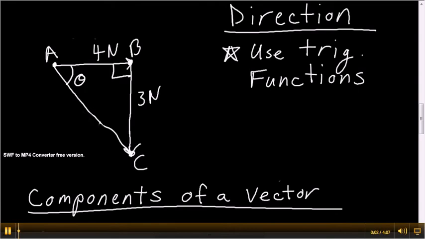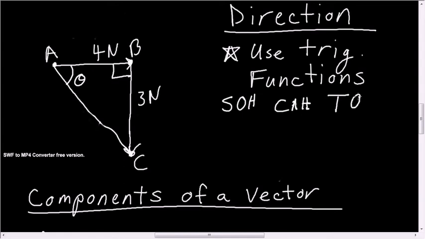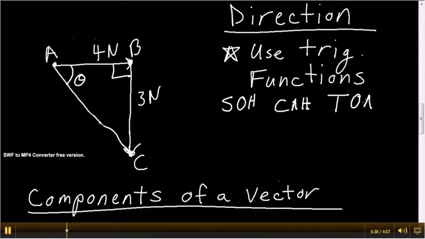Alright, so we can find the direction of our vector by using trig functions. If you don't remember from your geometry class, the trigonometry functions are sine, cosine, and tangent. We use the opposite over the hypotenuse of our angle when we're using sine, the adjacent over the hypotenuse when we use cosine, and the opposite over the adjacent when we use tangent.